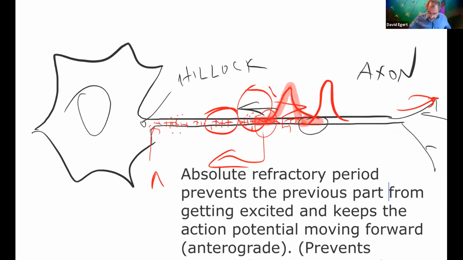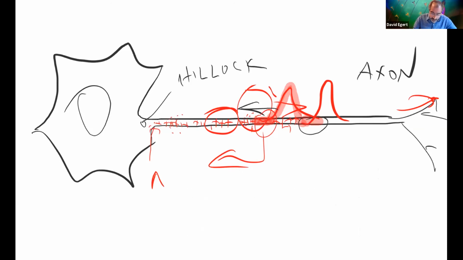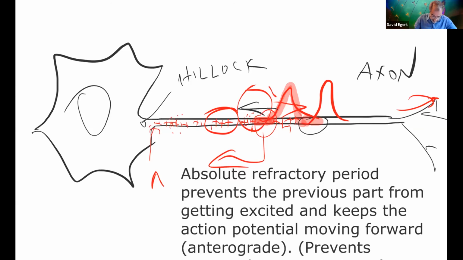So if we didn't have that absolute refractory period, whenever you had an action potential like this, you would have the problem of it exciting the next little segment, but it could also excite the segment that just caused it to happen. Because of the absolute refractory period, by the time this membrane is ready to go again, this action potential is down the highway and is no longer keeping the voltage high.